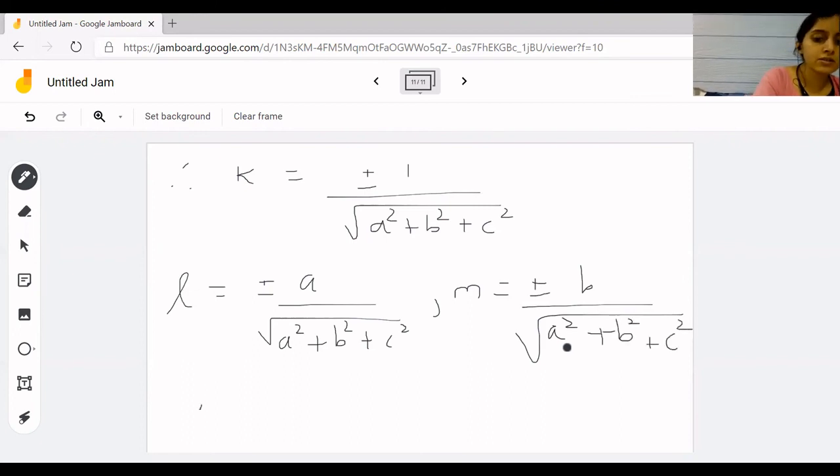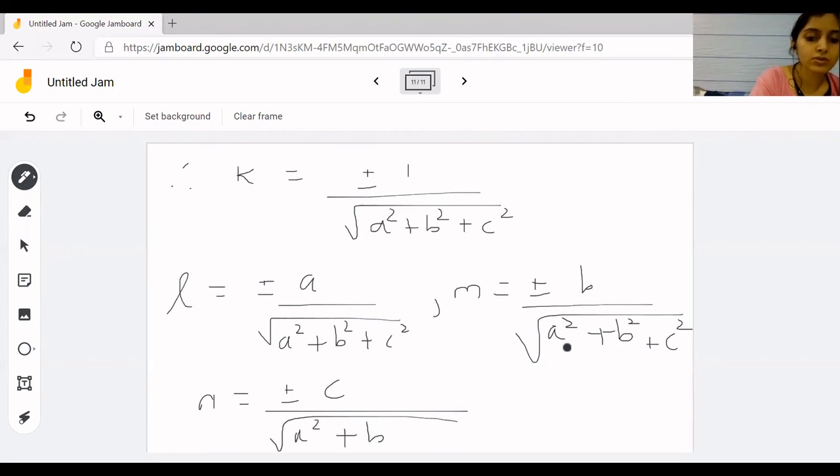And N is equal to plus minus C upon root of A square plus B square plus C square. So we can find the values of the direction cosines if we have the direction ratios with us, and directly we can do that.